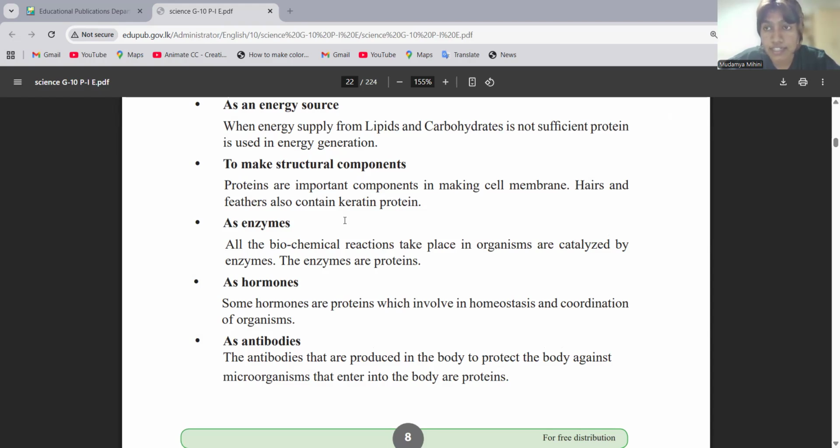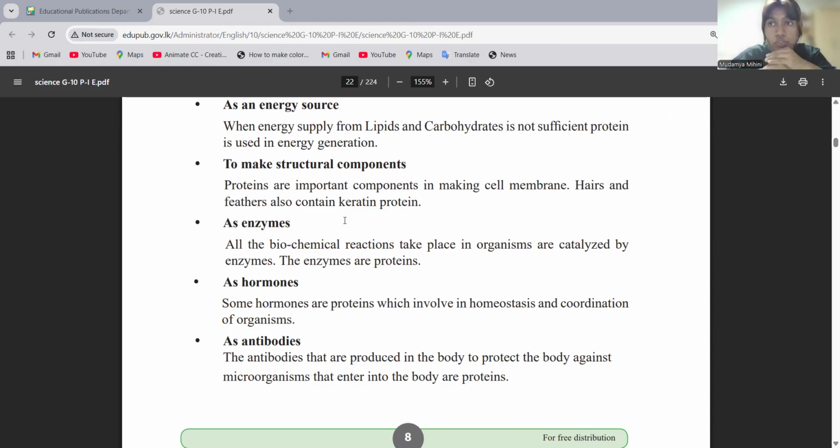A catalyst, as I said, acts without losing itself. The enzyme reacts in an organism and catalyzes biochemical reactions in an organism. So these enzymes are also known as proteins.